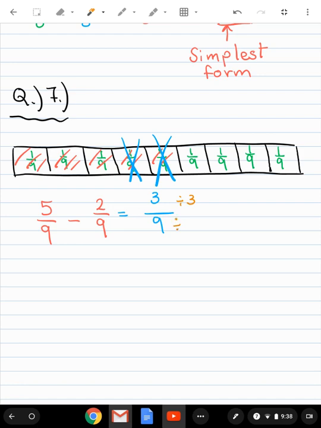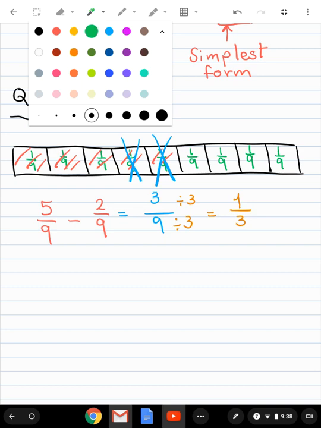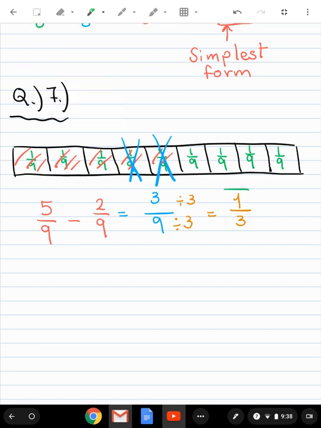So I will divide up and down by 3. 3 divided by 3 will be 1, and 9 divided by 3 will be 3. So the simplest form of this fraction is 1 out of 3. This is the simplest form.